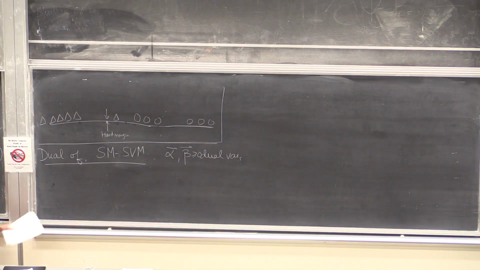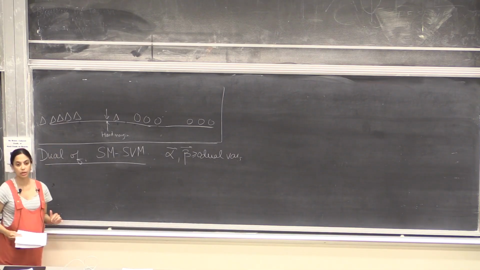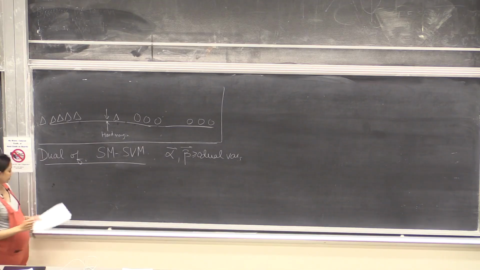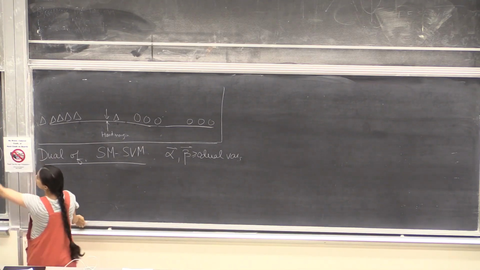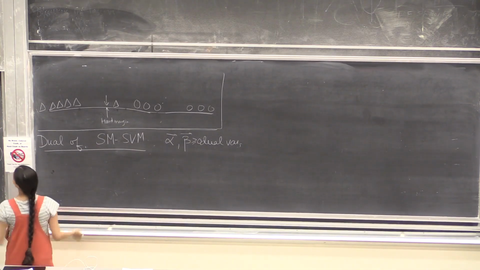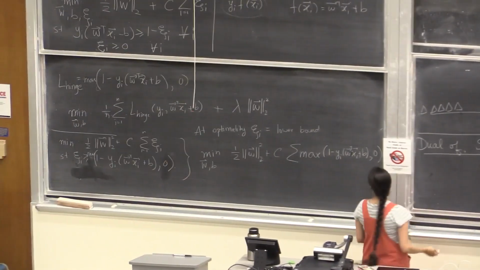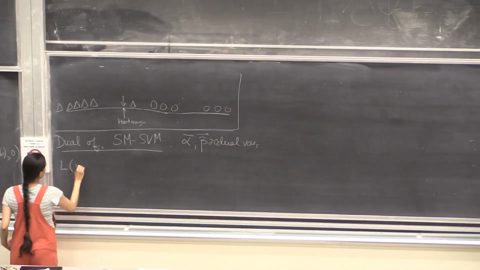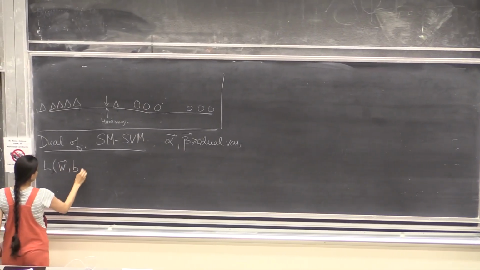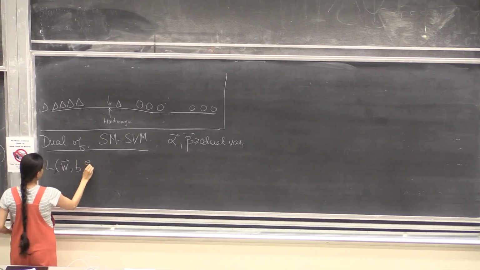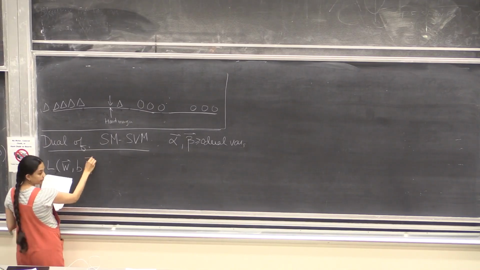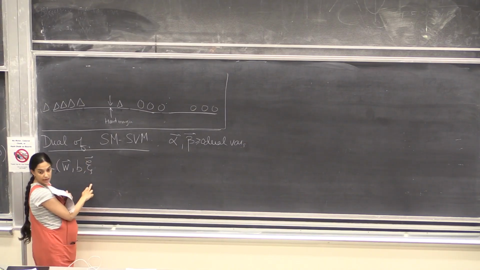So let's now look at our Lagrangian for this. I'll use the original formulation up there, not the one that's massaged to look like the hinge loss. If I write my Lagrangian, this is now a function of w, b, and I'm going to call this a vector psi. I'm going to take all of my psi i's and stack them into this vector psi. Everyone okay with that?